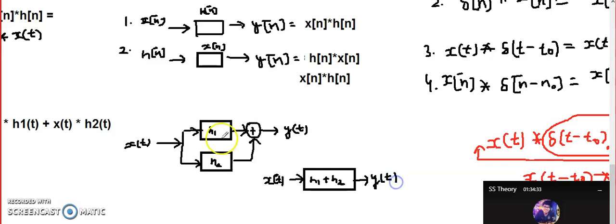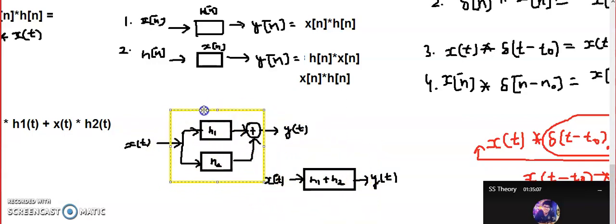It means that two impulse responses which are connected in parallel like this can be added together, मतलब ये जो सिस्टम है, this system can be replaced by this system, this black box.